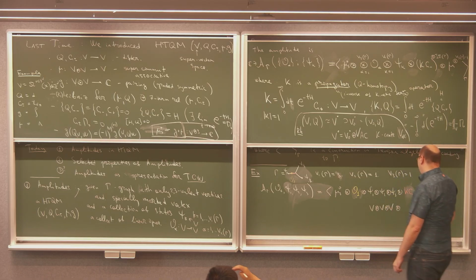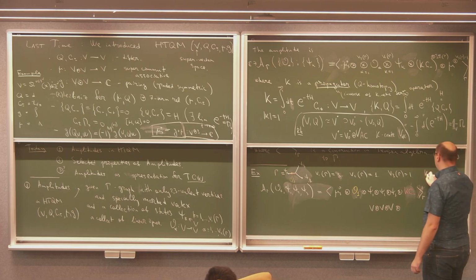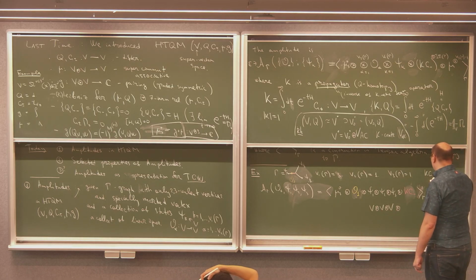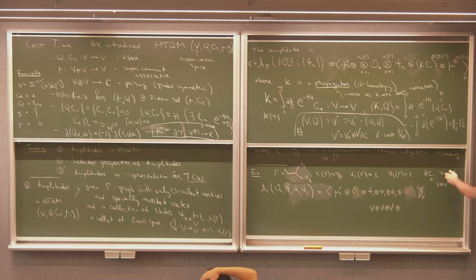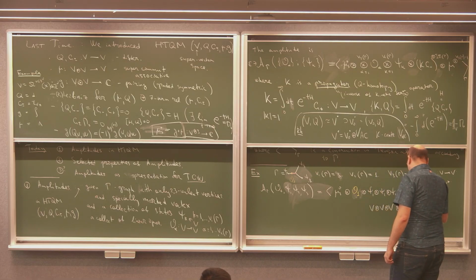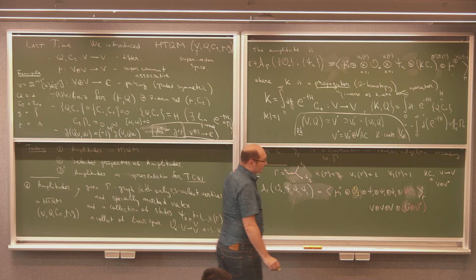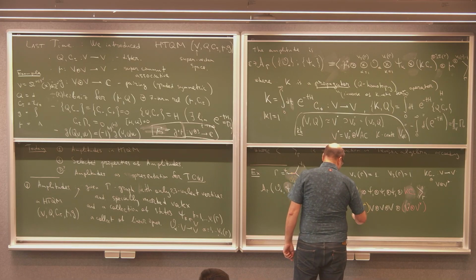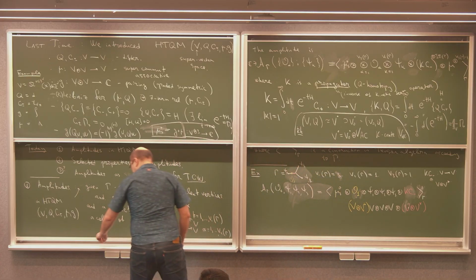Then K minus is a linear operator from V to V, but we can also treat it as an element of V tensor V star, a homomorphism from V to V. Similarly, operator O1 is also an operator from V to V, and we can treat it as an element of V tensor V star.